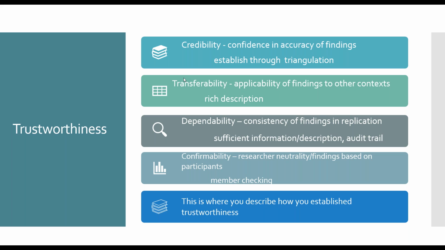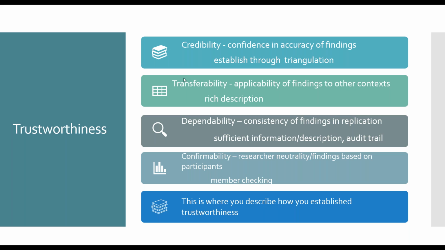Okay, and there are multiple avenues to establish these, and there are certain methods to establish each of these 4 that overlap. So for example, triangulation can help establish credibility, but it can also establish, say, any of the others as well, or member checking, okay, can help establish not just confirmability, but also credibility, for example.